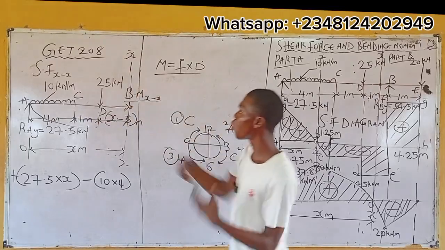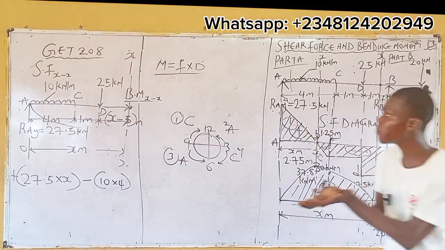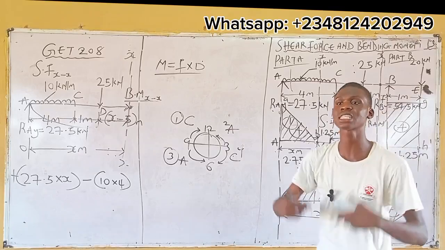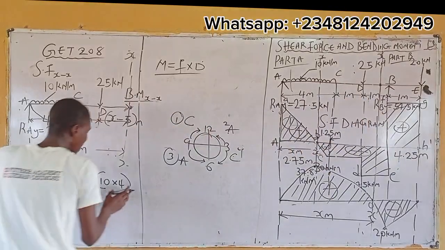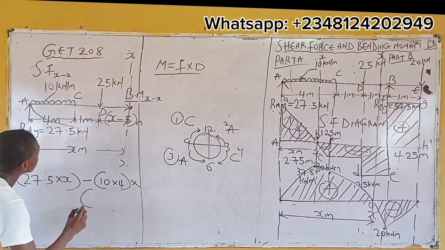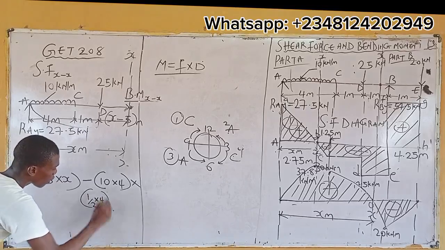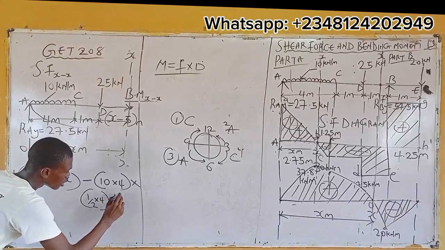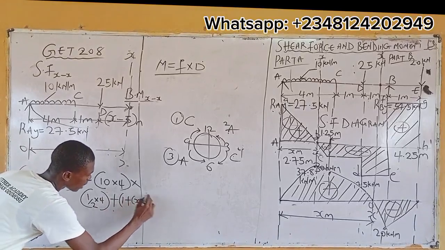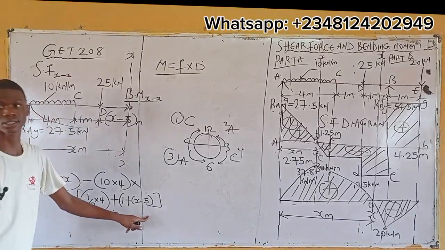I'm seeing 1 meter and I'm seeing x minus 5. So it becomes: this is my force times into bracket 1/2 times 4 plus 1 plus x minus 5. This is the force, this is the distance.